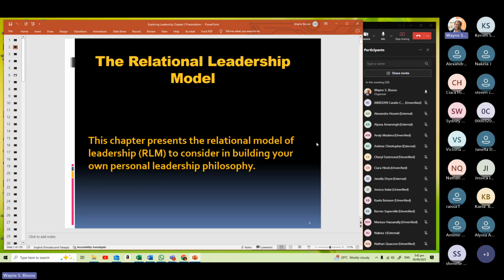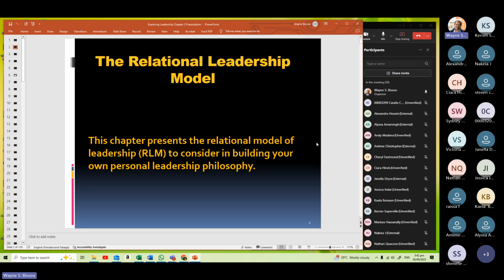And as models come and go, this is a model that is not suggested as the end all or be all of leadership models, but rather a model that you should be able to consider in terms of including in your personal development. So it's not something that we expect that you will just wholesale grab, although you could if you so wanted.